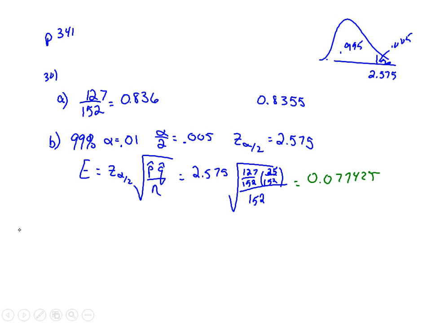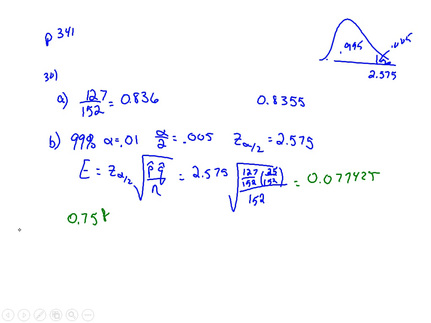When you're taking your lower limit, since you're going to want to round your answer to 3 decimals, I would keep at least 4 decimals in there as you're doing it. So at least the 0.8355 minus the 0.0774 gives us our lower limit. Okay, I'm just going to round that to 3 decimals.